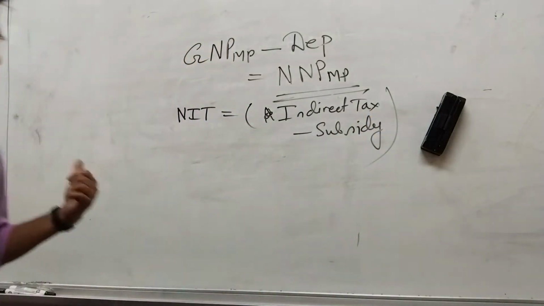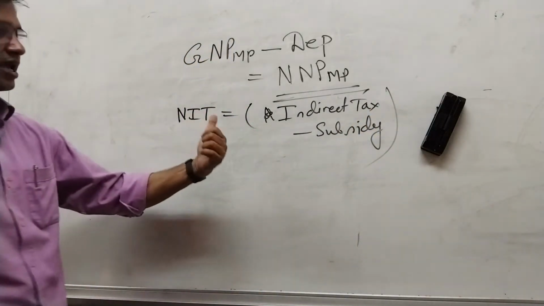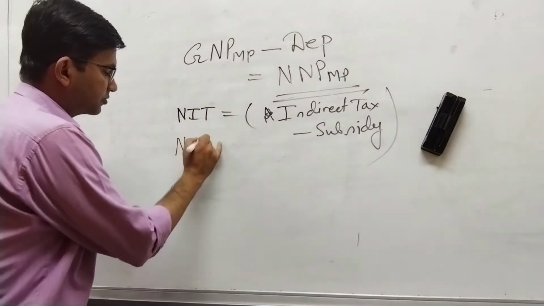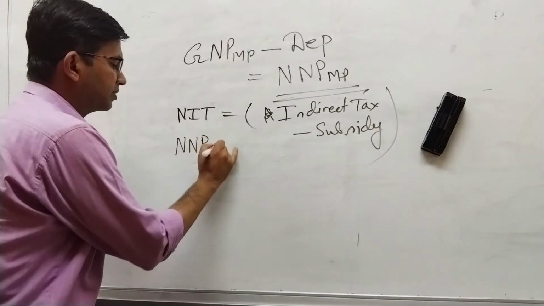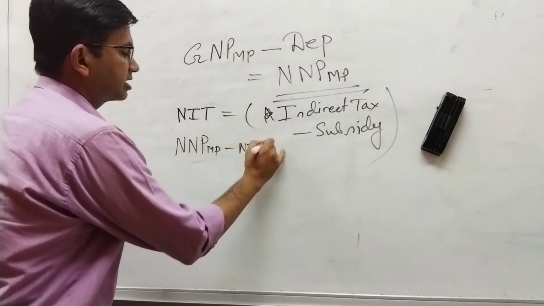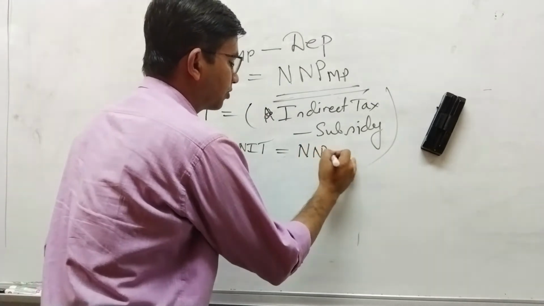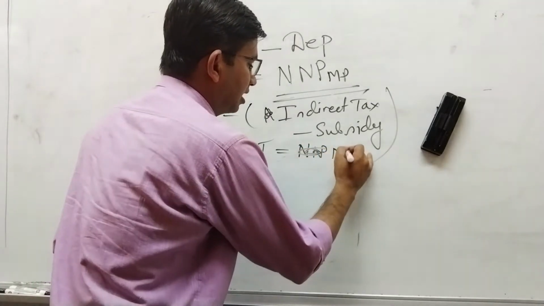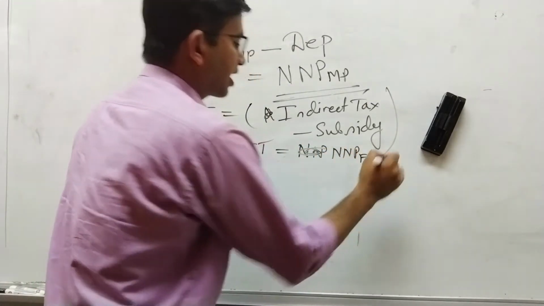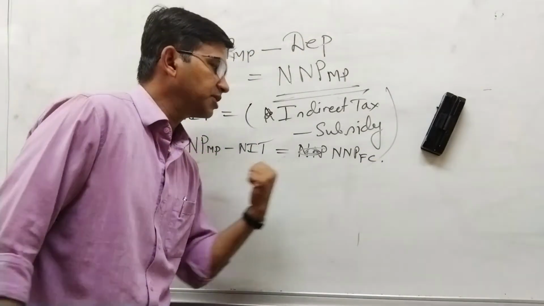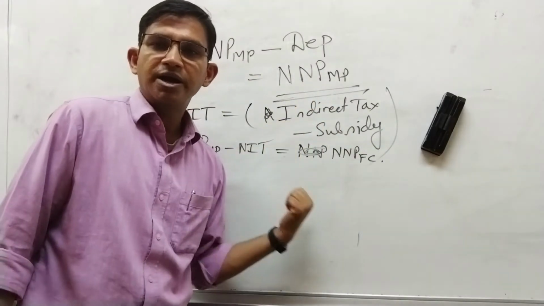So we get NIT, net indirect tax. Whenever we subtract the net indirect taxes from NNP-MP, we will get net national product at factor cost. Factor cost means the reward of the factors. This is measured in terms of the reward of the factors.